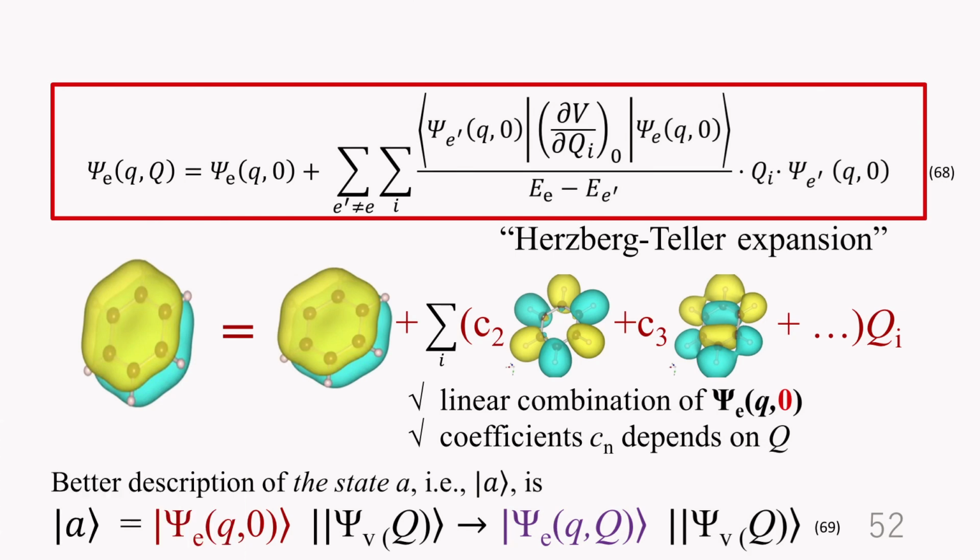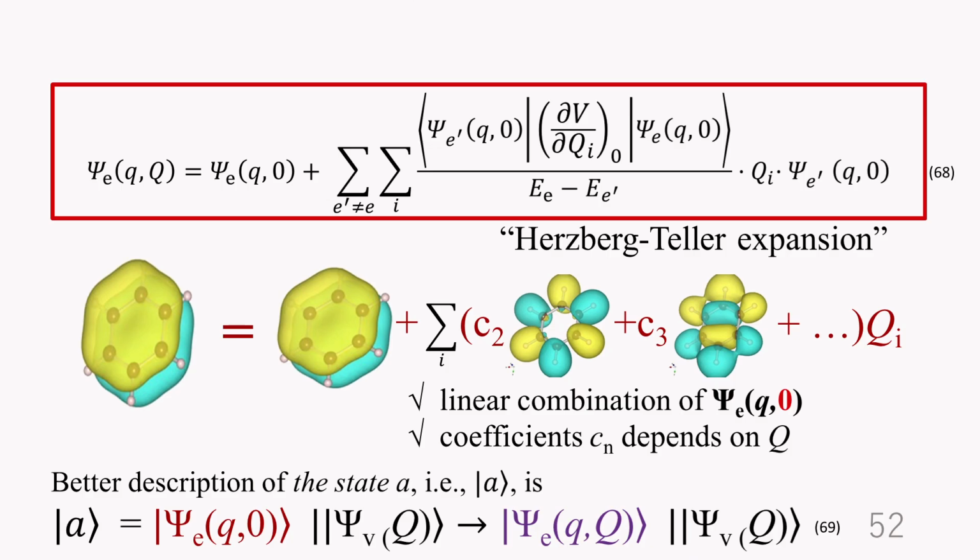This is the idea of the so-called Herzberg-Teller expansion. The wave function of the electrons vibrating along the vibration coordinate Q is explained as a sum of the static wave function plus an additional term.